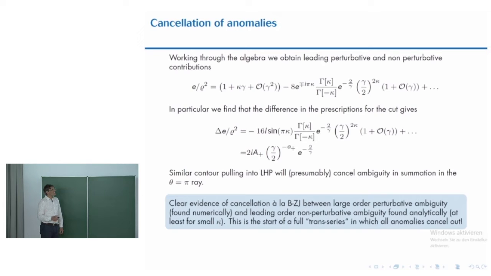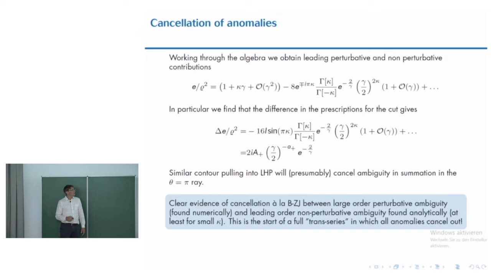If I take the difference between our prescription of going to the left and the right of the cut, what we find is an ambiguity in the imaginary part of the energy density that goes like 2i a plus this function e to the minus 2 over gamma.